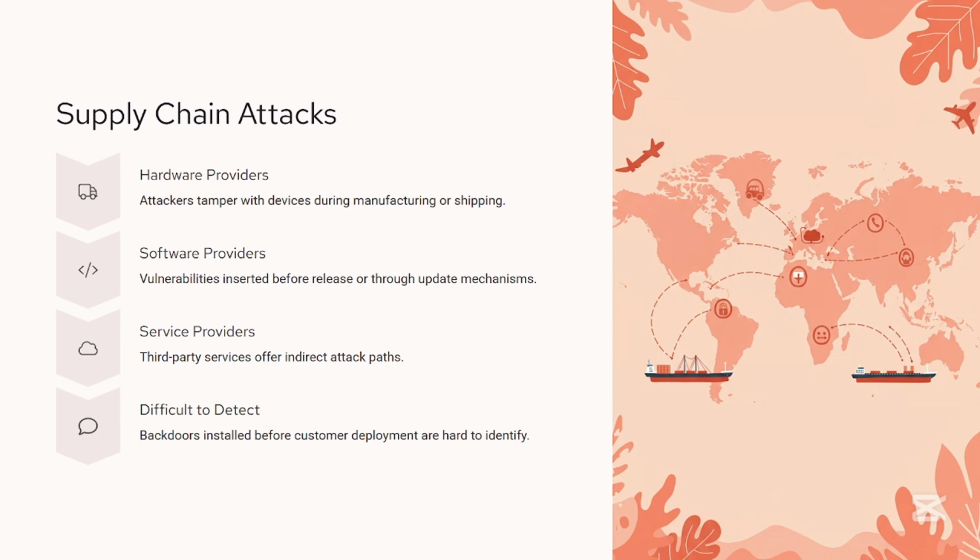This is done in a way that vulnerabilities are inserted before the release or through update mechanisms. So before the release of a software, a vulnerability can be inserted by your attacker, and this will give them a channel into your system before you even purchase the software.